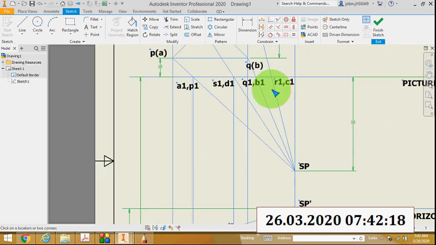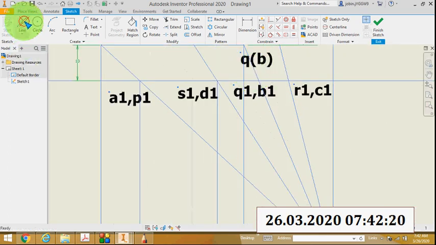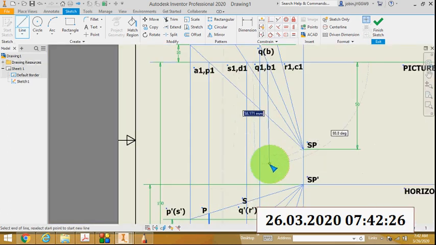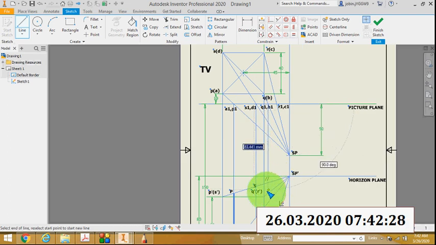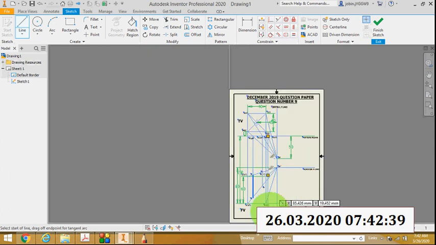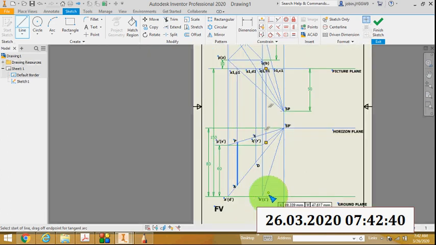Then next is Q1B1. From Q1B1 draw a line. First it will touch SP dash Q dash, and then it will touch SP dash B dash.